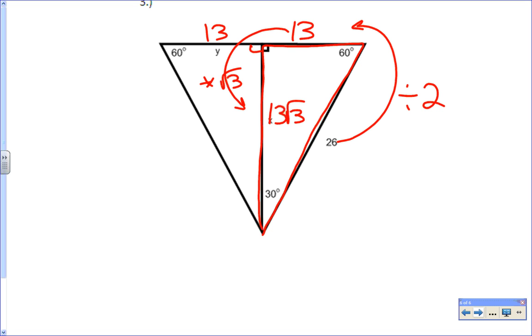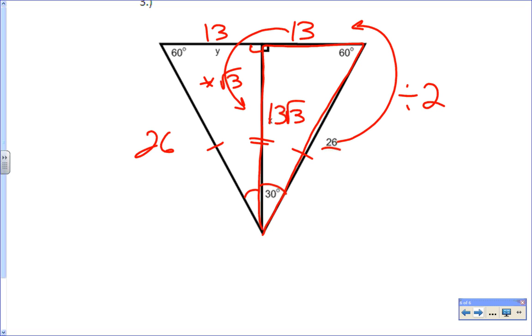Right, but then I'm going to compare it to one I don't know. But I do know this one, that one, and this angle. Right? There's your side angle side. It's an equilateral. You told me that at the beginning. So if this side's 26 over here on the right side, this has to be 26 over here if it's equilateral.